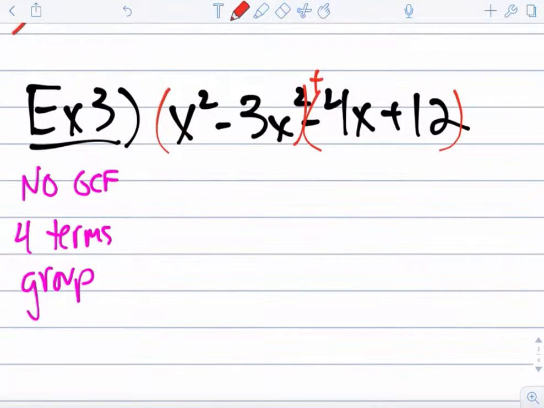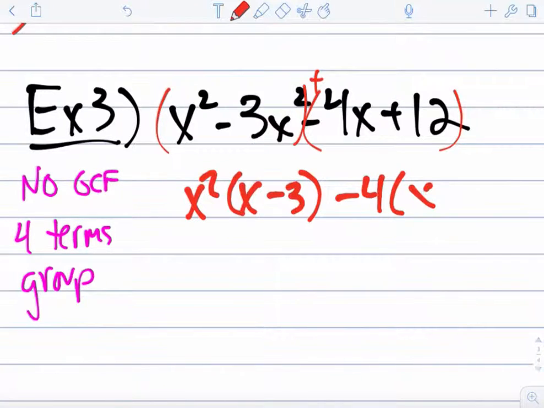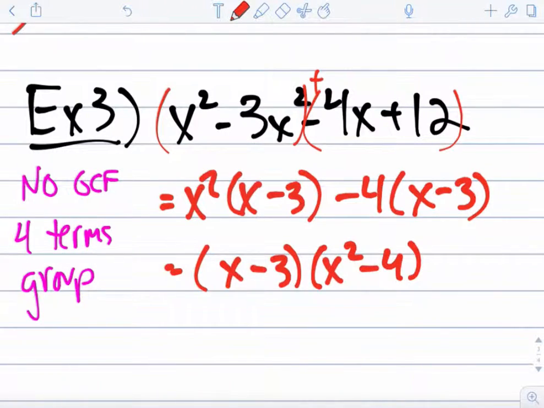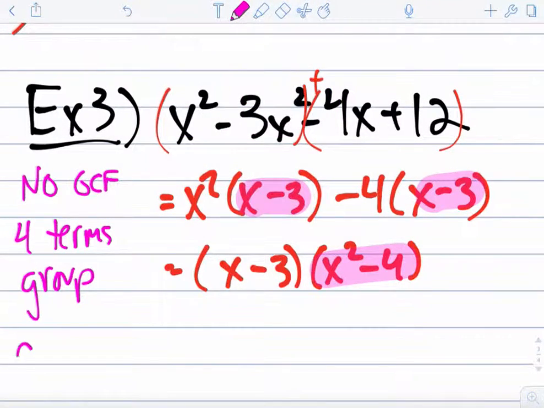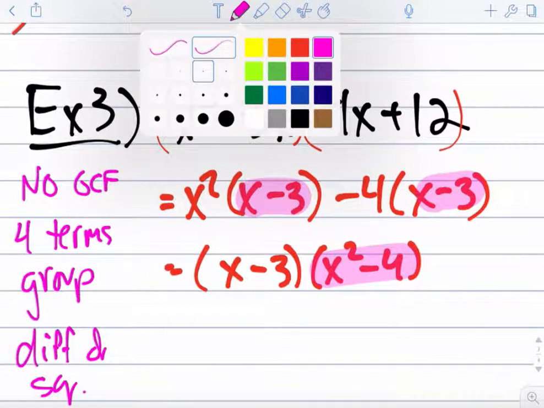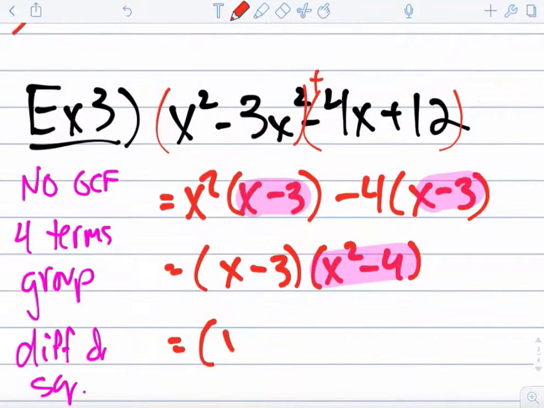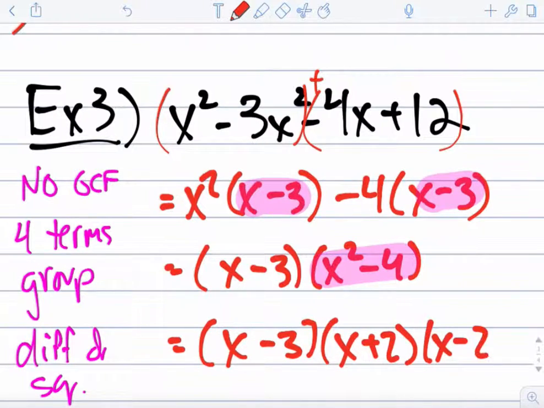I can pull out an x squared, left with x minus 3. Pull out a negative 4, left with x minus 3. Similar to the one I just did. We've got our common binomial factors. Pull that out, and the remaining factor is a difference of squares, so we factor that. x minus 3, x plus 2, x minus 2.